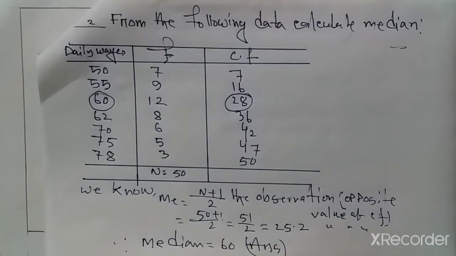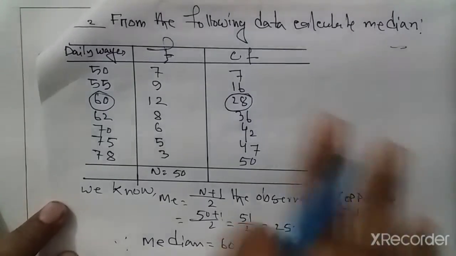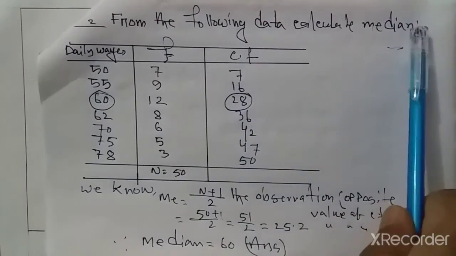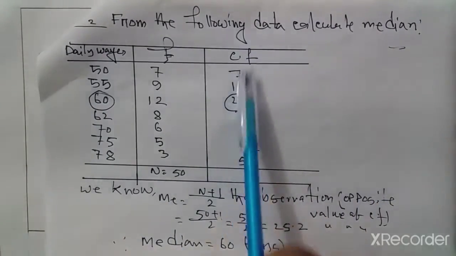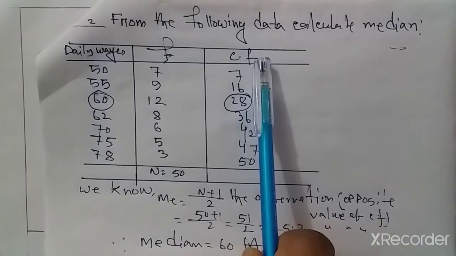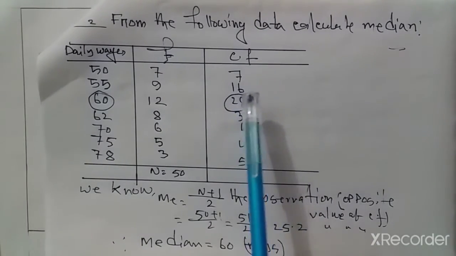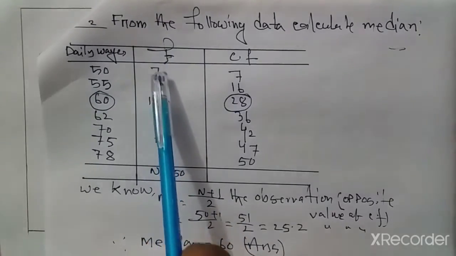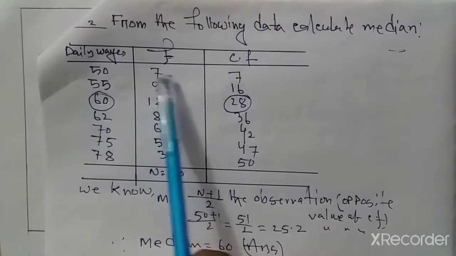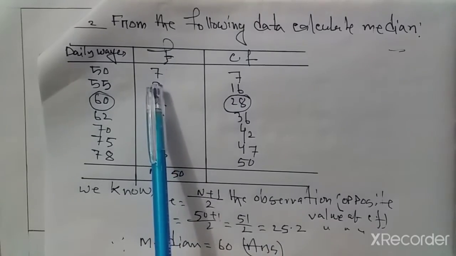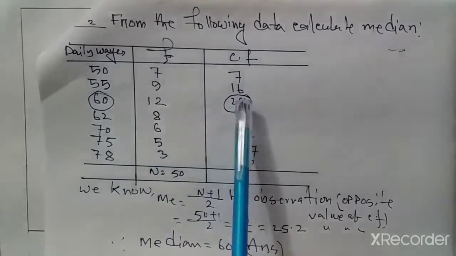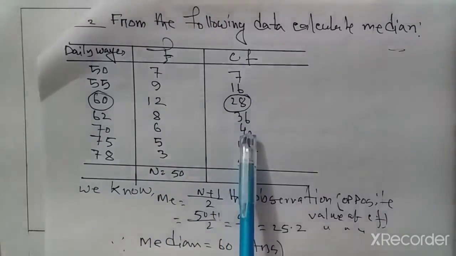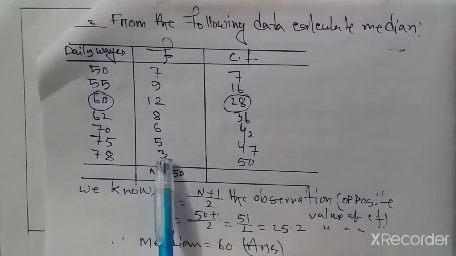Now again we follow the question. The question is ungrouped data, calculation of median. At first, calculate the cumulative frequency table. The calculation rule is adding frequencies from first to last: 7, 7 plus 9, 16, 16 plus 12, 28, 28 plus 8, 36, 36 plus 6, 42, 42 plus 5, 47, 47 plus 3 is 50.